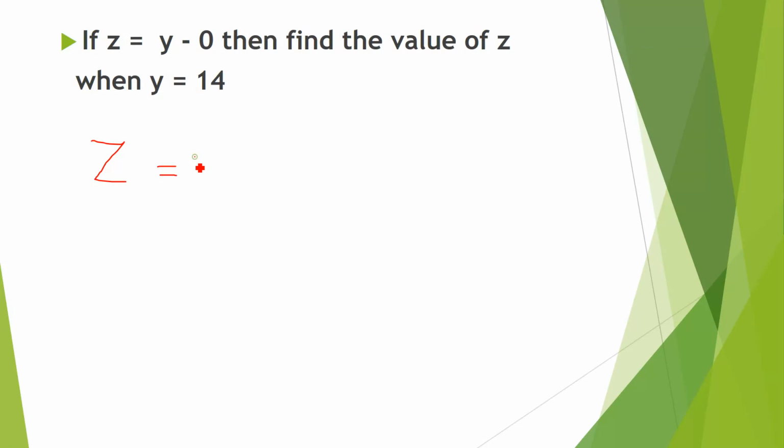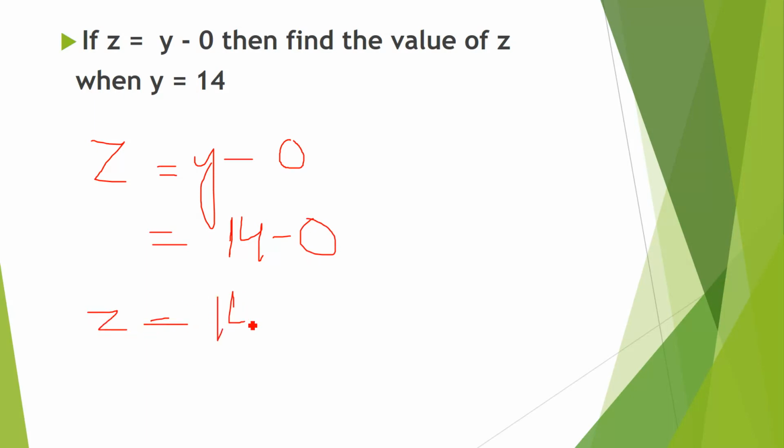Z is equal to y minus 14. Here you have two variables, z and y, and the value of y is 14 minus 0. So z is equal to 14 minus 0, which is 14. And here you can check your answer, whether your answer is right or wrong.